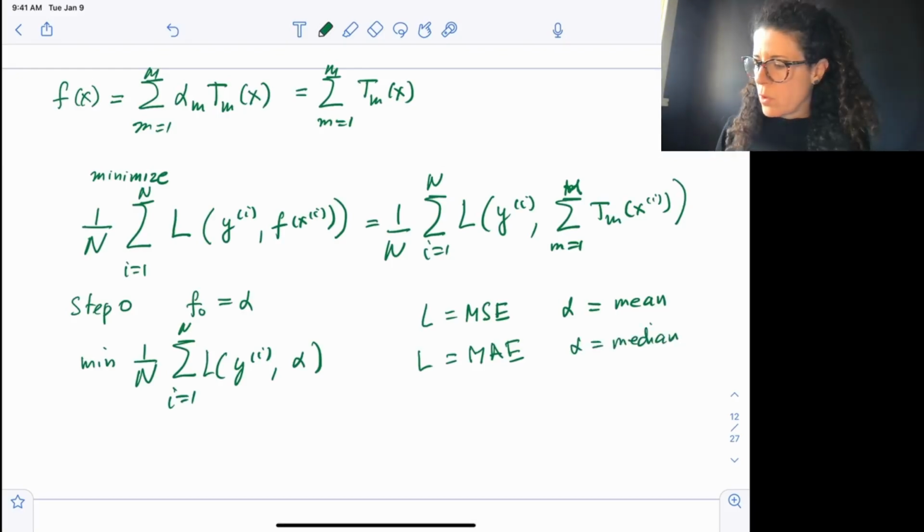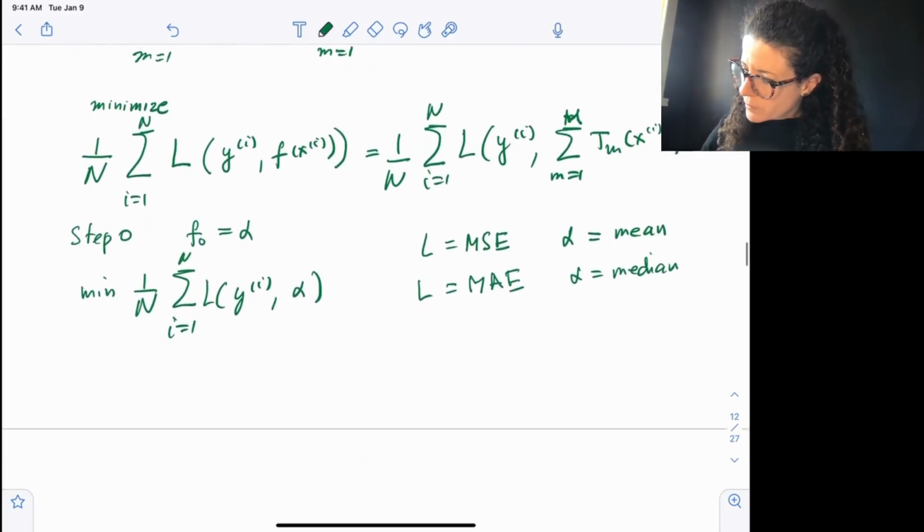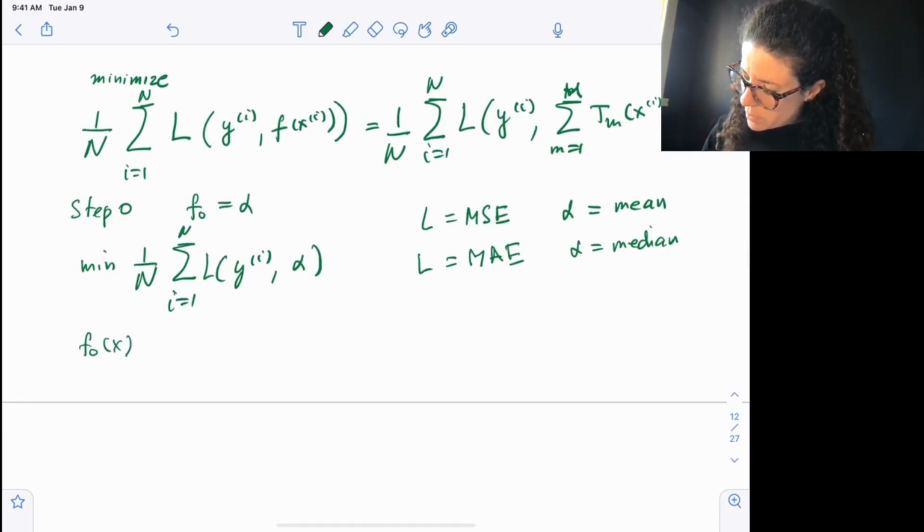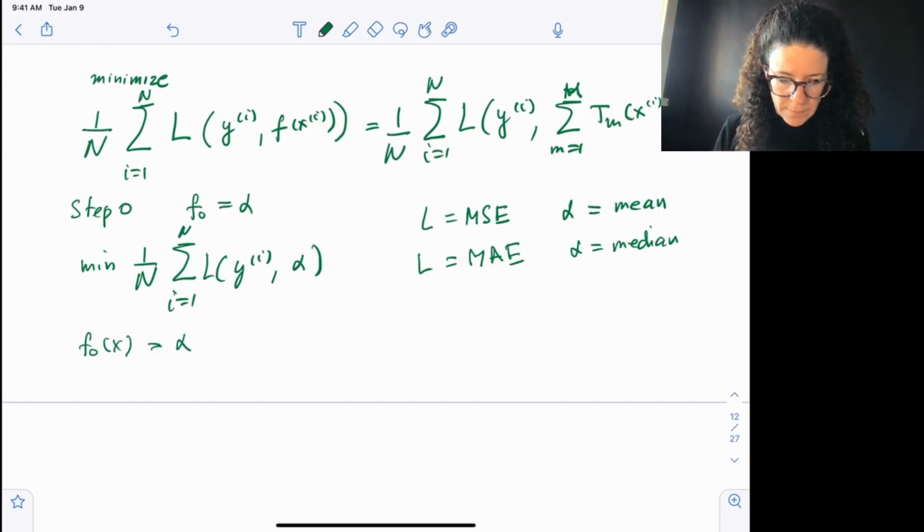So this is going to be different depending on the loss function that you're considering, but we know this for different loss functions. So that's our step 0: f0 of x is equal to our constant alpha.